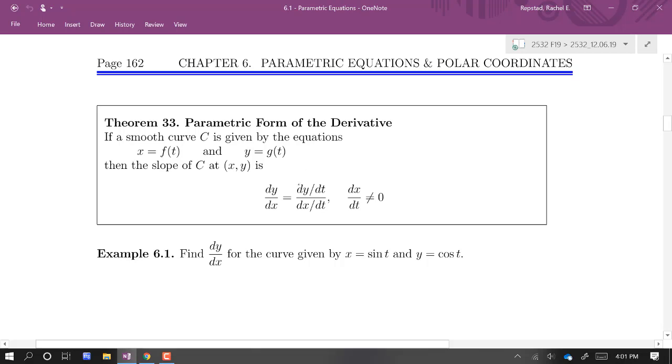Basically, I think this makes sense. dy/dx is equal to dy/dt over dx/dt, in that you treat dx/dt and dy/dt as though they're fractions. dy/dt divided by dx/dt is dy/dt times dt/dx, multiplying by the reciprocal, and then you get dy/dx. That's the idea behind that. And of course, this last piece is important: granted that dx/dt is not 0, because we can't divide by 0.